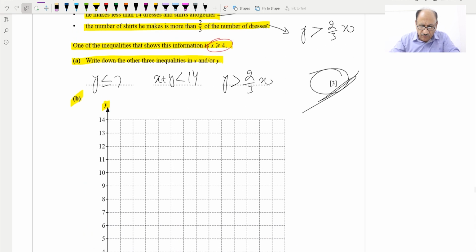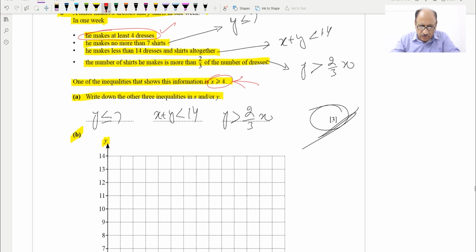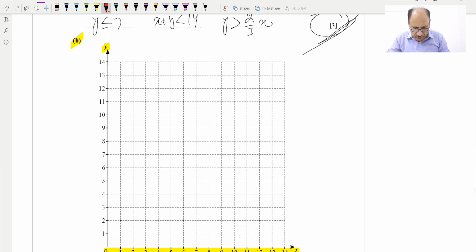First of all, we will be showing this one, which is x is greater than or equal to 4, so at least 4, which they have provided us. So we will draw the line, and that line will be x is greater than or equal to 4.